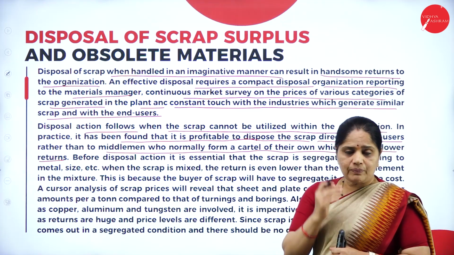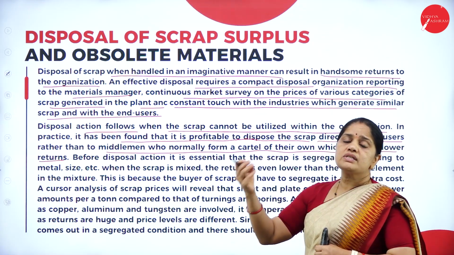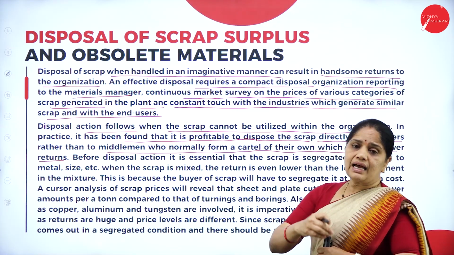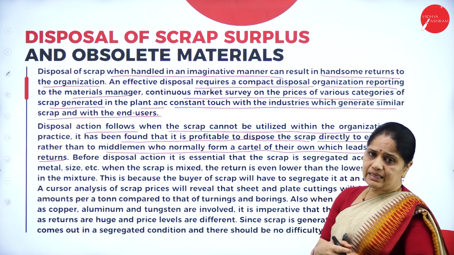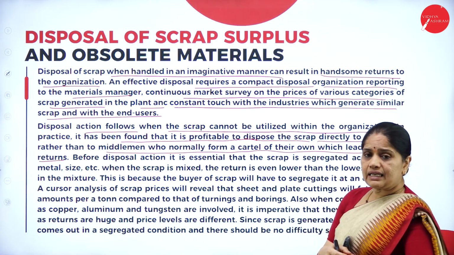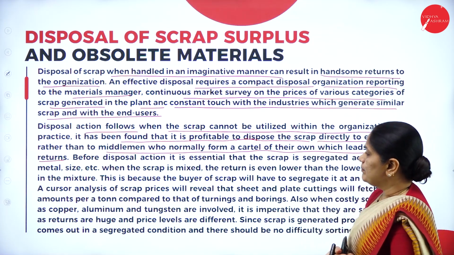So whenever you are planning to dispose of the waste, try to dispose it to the end users rather than giving it to the middlemen, because these middlemen are there just to earn higher profits. As a result, the returns to the company will be low.